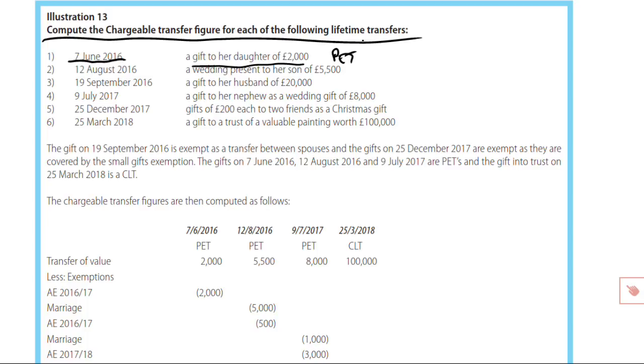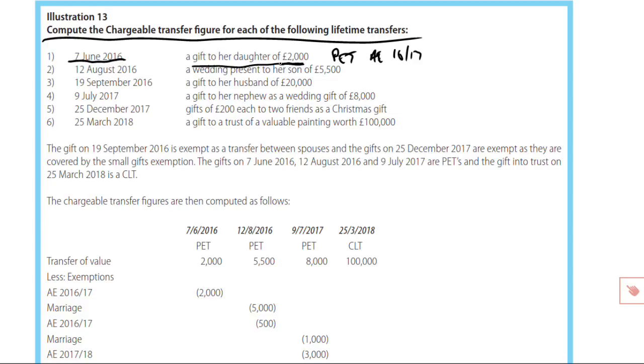Therefore, irrespective of the fact that there were no transfers in the previous tax year, so there'd be an unused annual exemption, which annual exemption do you use first? The current year. So we would have available the annual exemption for the tax year 2016-17. Now that would use up 2,000, of course.